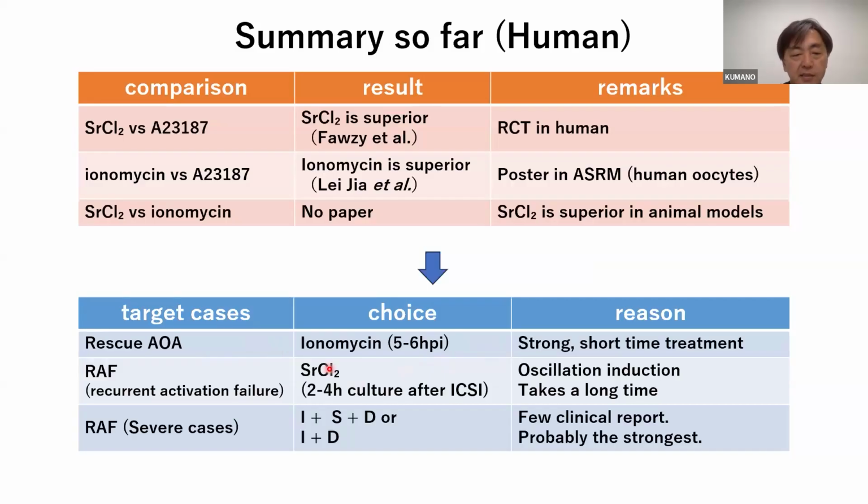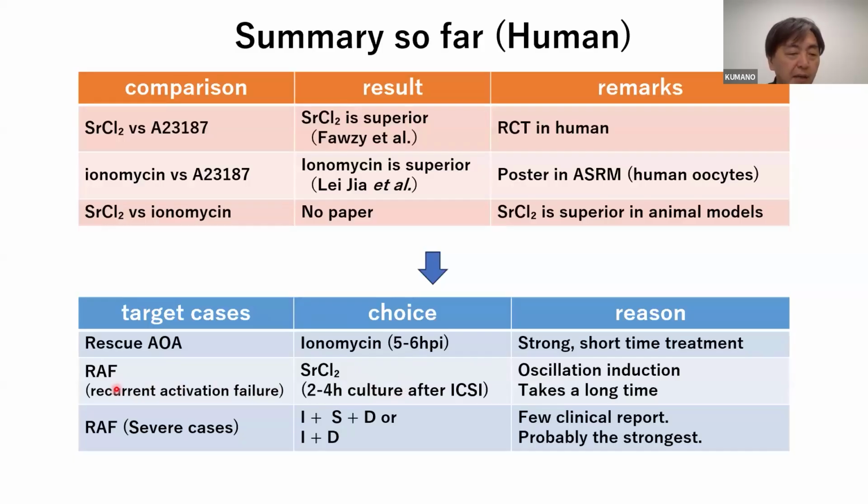It's because in general, human clinical ICSI is performed around noon, for instance between 11 and 1 o'clock p.m. After culture for 5 to 6 hours, it will be in the evening. In the evening, it's quite difficult to treat the oocyte with strontium chloride because it takes 2 hours or longer. So I think it's better to choose ionomycin.